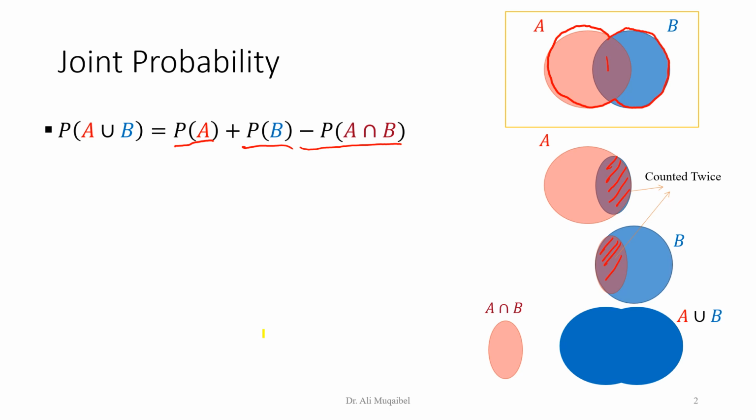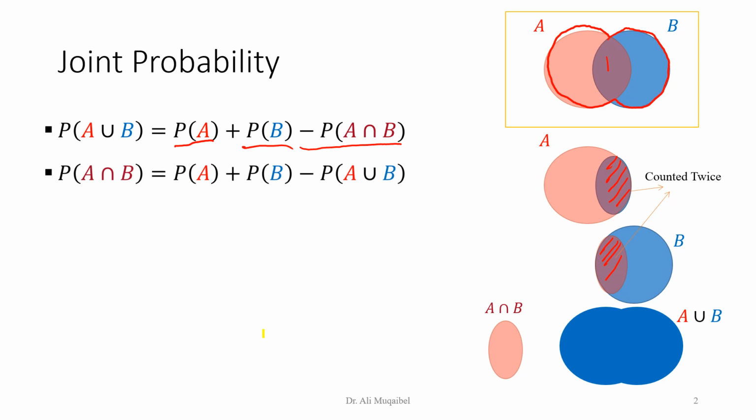So the joint probability for the union is equal to the sum of the probabilities of the individual events minus the term shown here, which is basically the intersection between the two. We can also use the first formula and come up with the second formula, which is the probability of the intersection.